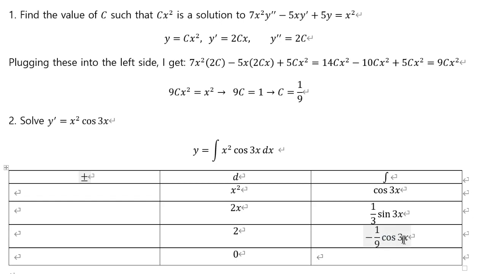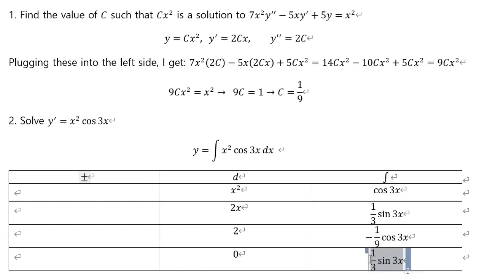Every time you integrate, 1/3 keeps popping up because of this 3. So if you integrate for the third time, it'll be negative 1 over 27 sine 3x, and then you're going to get plus, and then minus, plus, then minus.